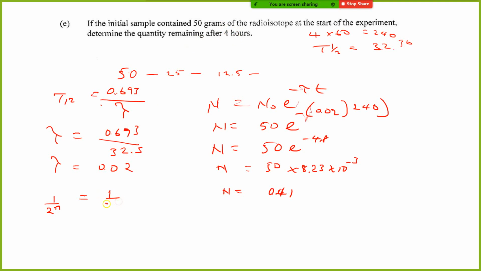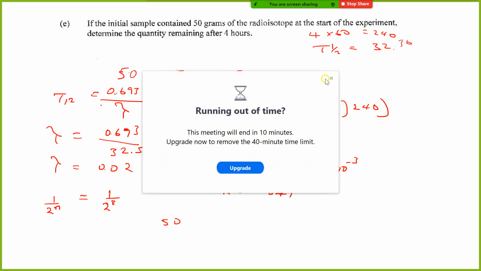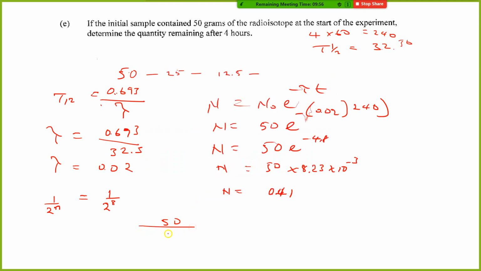So 1 divided by 2 raised to the 8 would tell you the remaining amount of the substance. But because we're dealing with 50 grams, rather than having 1 here, you would now have 50 divided by 2 raised to the 8. See what I mean?